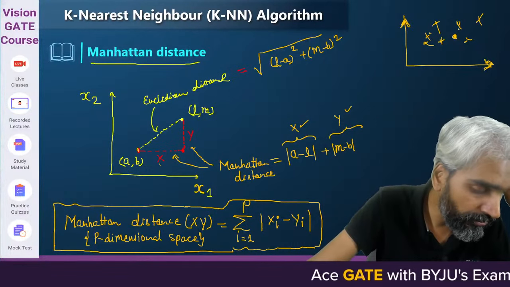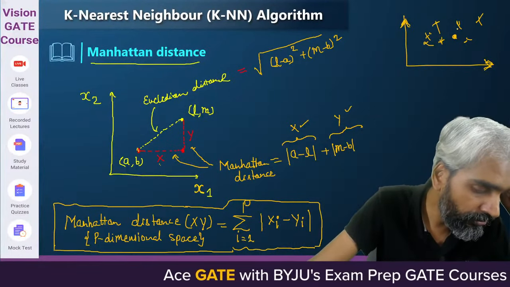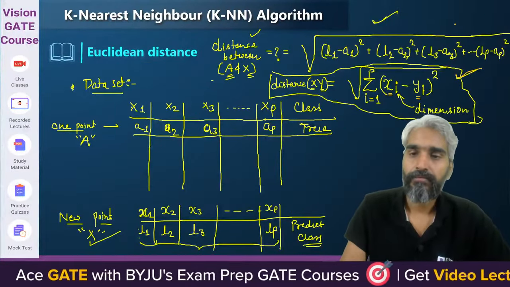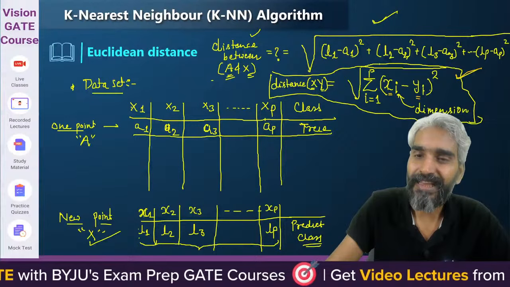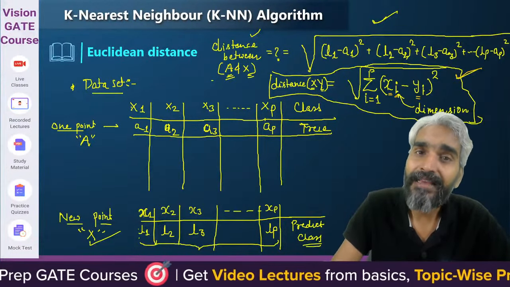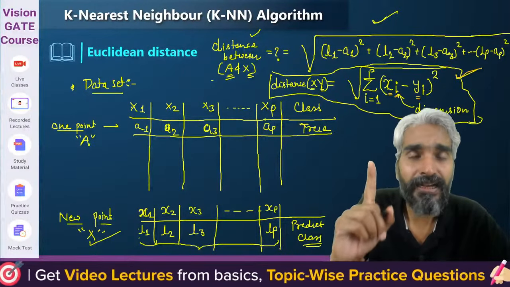There is one doubt in Euclidean distance. What doubt? Please try to understand: x and y are the data points. When I say i, this i is representing the dimension.